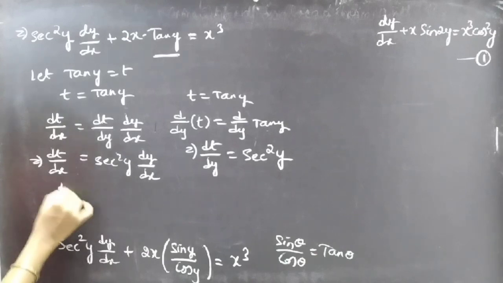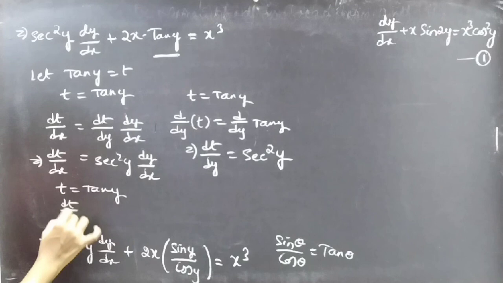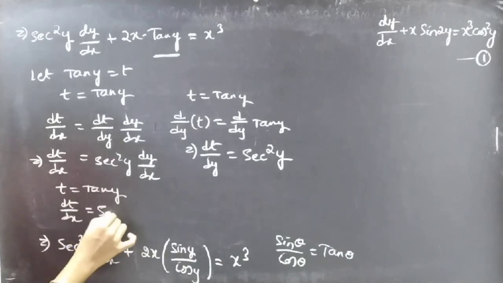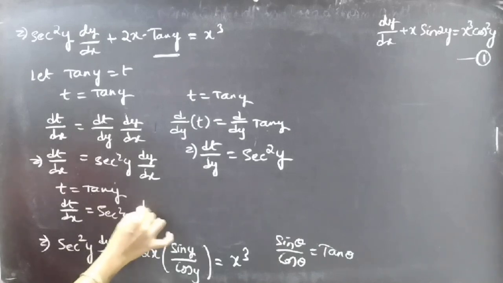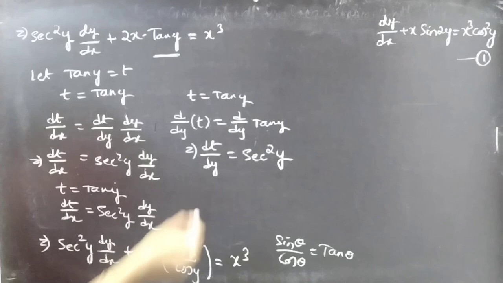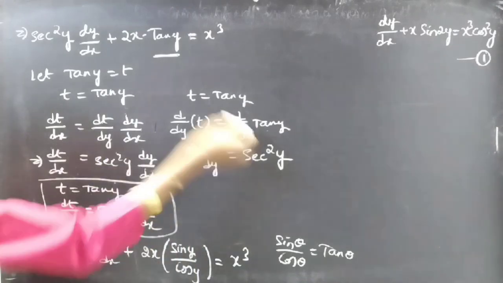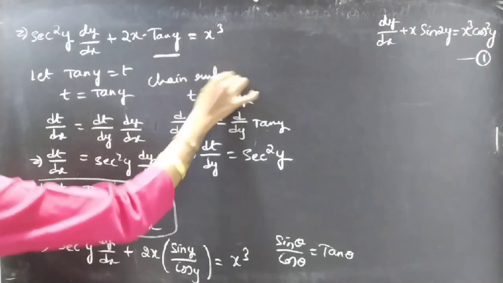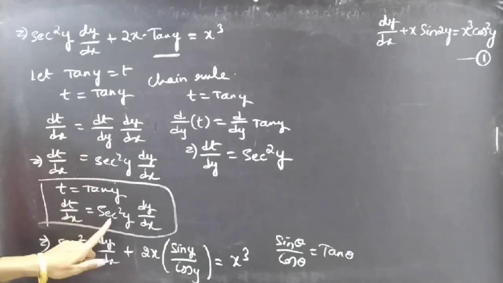Or if t equals to tan y, then we'll get dt by dx equals to derivative of tan y is secant square y into inner derivative of y with respect to x, dy by dx. You can just write directly like this, or you can use chain rule. Finally, you'll get dt by dx equals to secant square y into dy by dx from this.